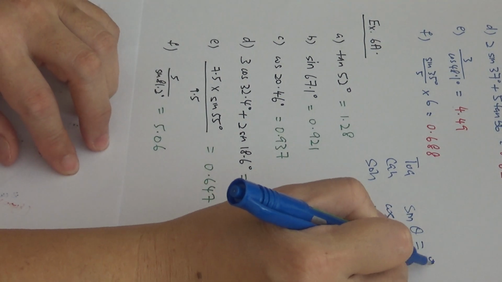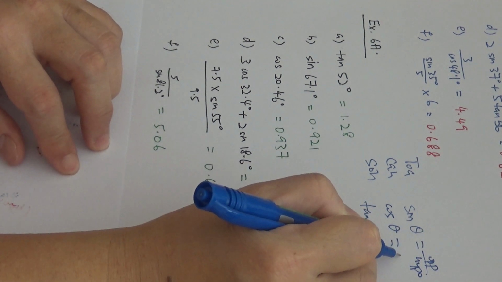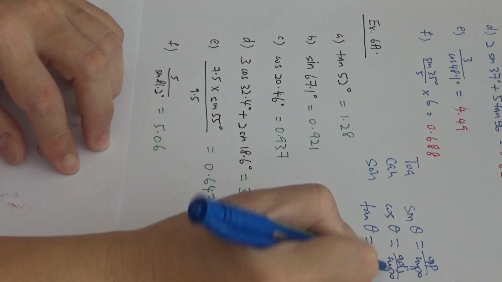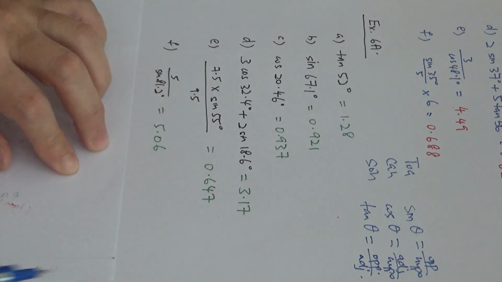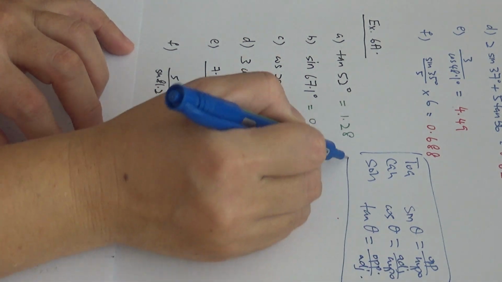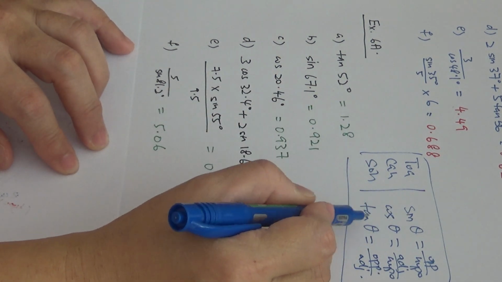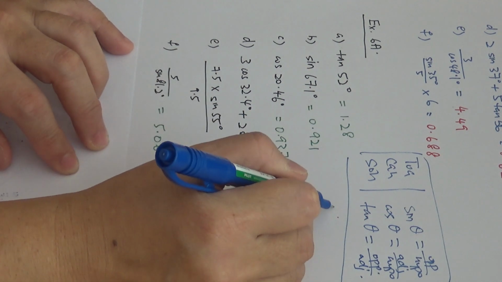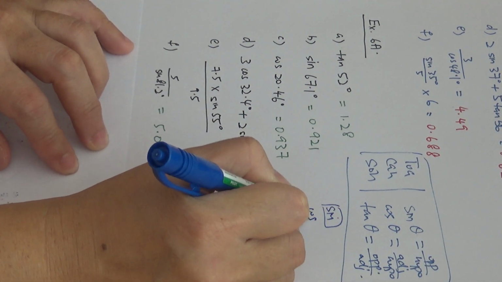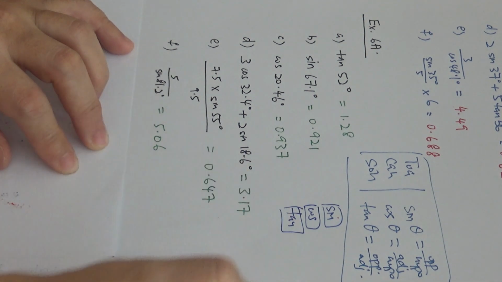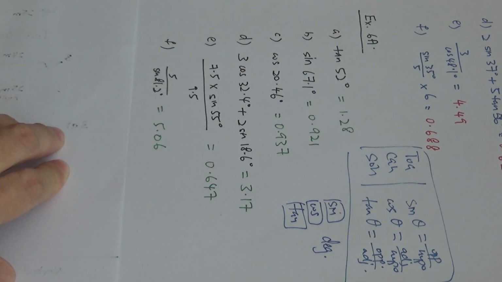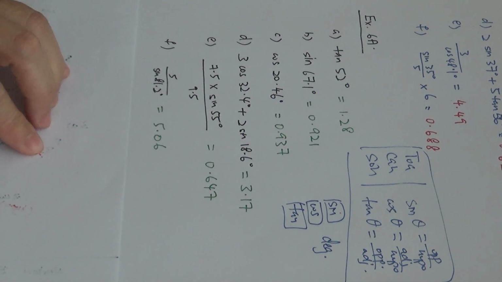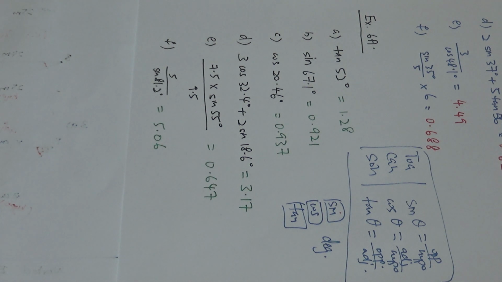Now, this one means opposite over hypotenuse, this one means adjacent over hypotenuse, and this one means opposite over adjacent. We must know how to key in sine, cosine, tangent using the calculator by using the sine, cosine, tangent keys in your calculator and making sure that your calculator is in the degree mode. Okay, all these will sum up all the necessary things that are required in section 6.1.